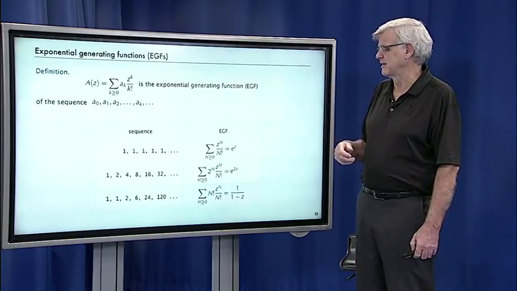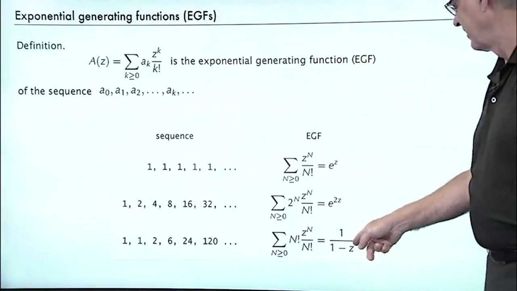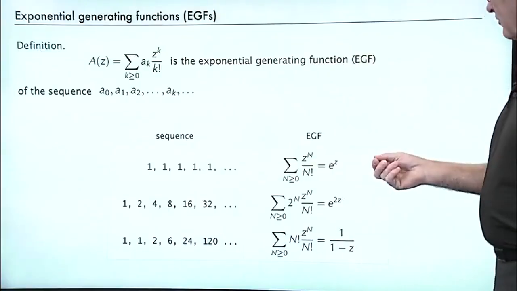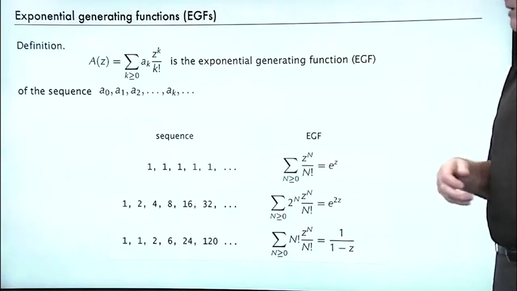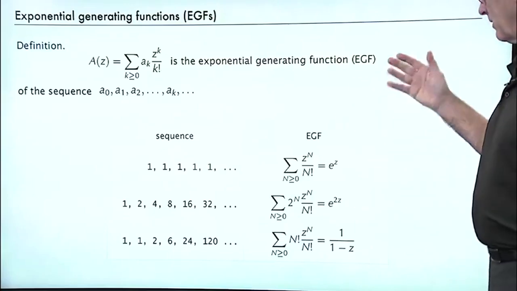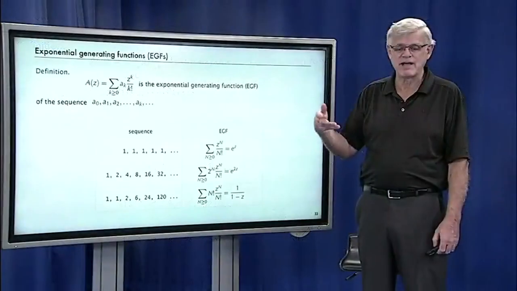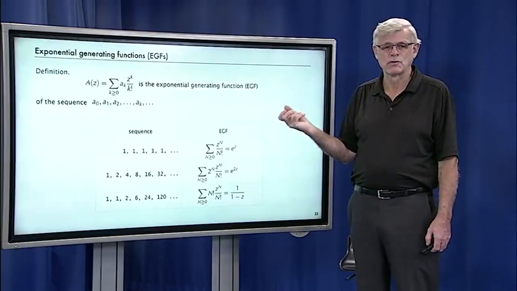So it's worth spending time on this. Here's another one, n factorial itself. The exponential generating function for n factorial is 1 over 1 minus z. So that's an example of when we might need it. If you've got a sequence that grows very fast, like n factorial, an ordinary generating function is not going to work.